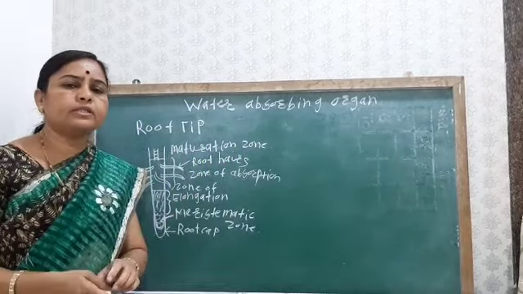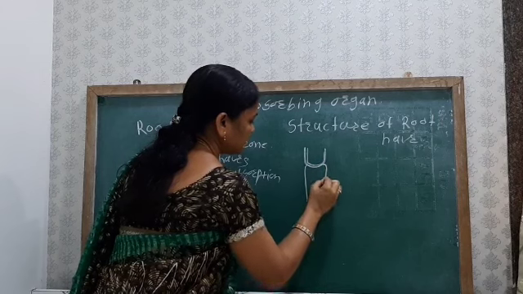Structure of root hair. The root hair is present at the zone of absorption. The outermost cells present at this region are known as the epidermal or epiblema cells.